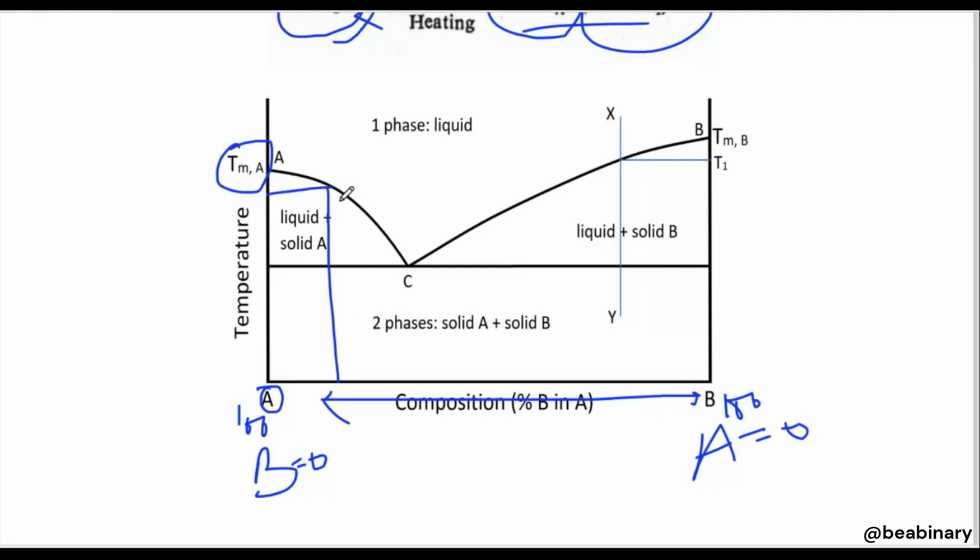At this composition, corresponding to this temperature, you have liquid above. This is your liquidus line, and when you come down in temperature here, you can see the liquid plus solid state both exist together, right?